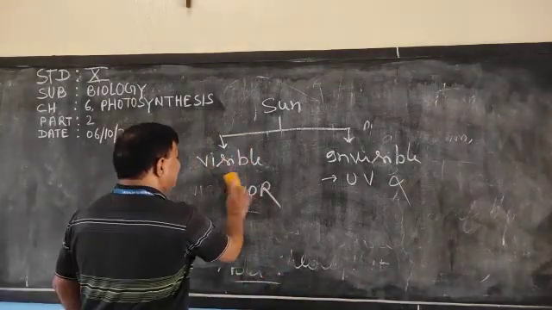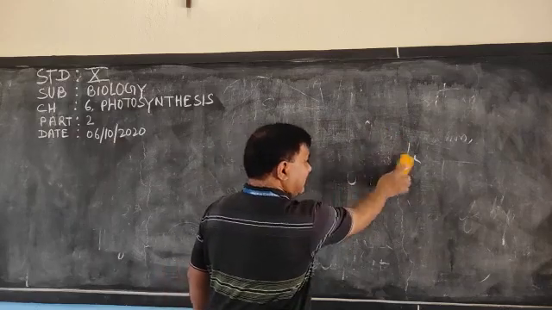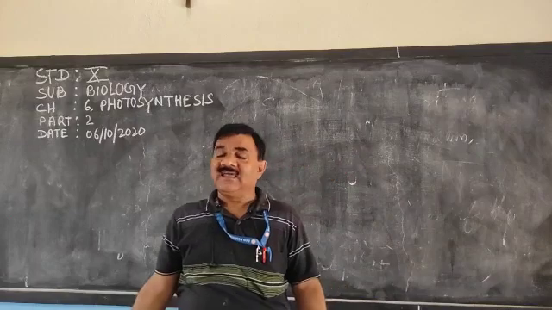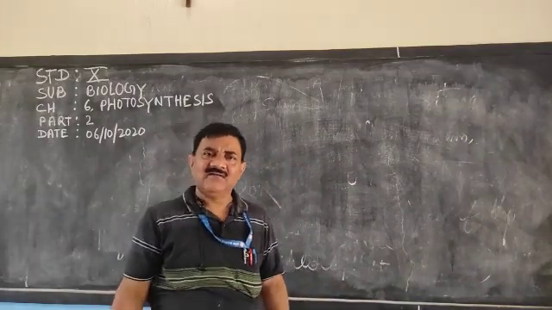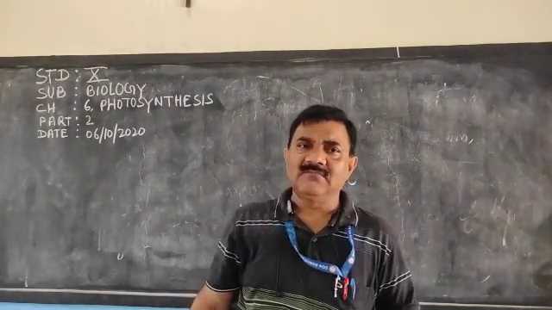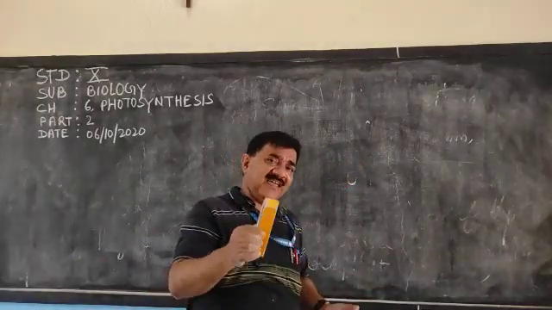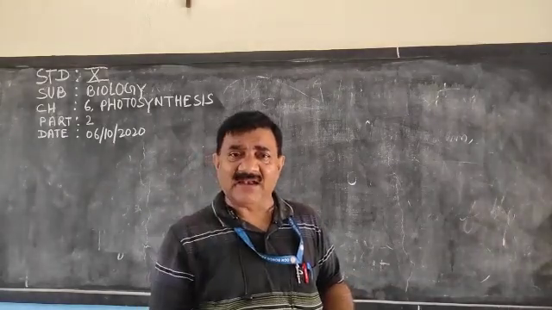Now, one very important thing I would like to discuss. Due to the presence of chlorophyll only, the leaves are green. Have you ever done one thing? Have you covered grass with a brick? You must have. If you remove the brick after 2 days, what will happen?